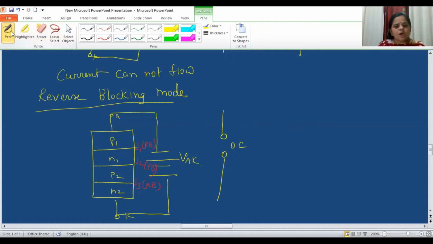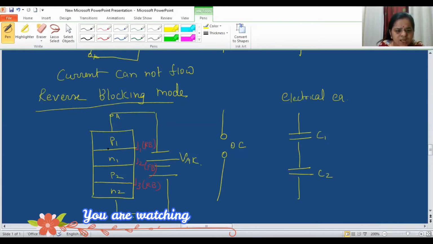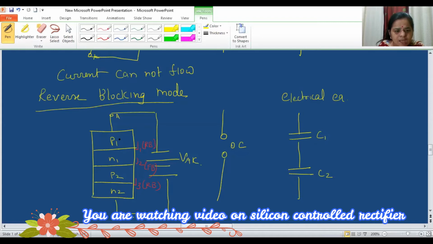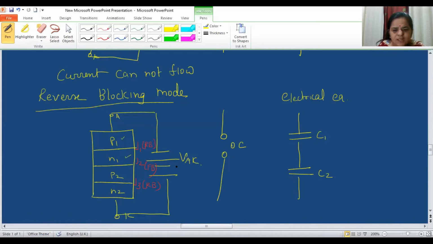Now if I draw its electrical equivalent, it is acting as two capacitors connected in series, C1 and C2. Because of the reverse bias junction J1, it acts as an insulating medium, with a conducting plate above and below, which makes the C1 capacitor. The J3 junction depletion region also acts as an insulating medium of a capacitor, with both sides of the junction acting as conducting plates.